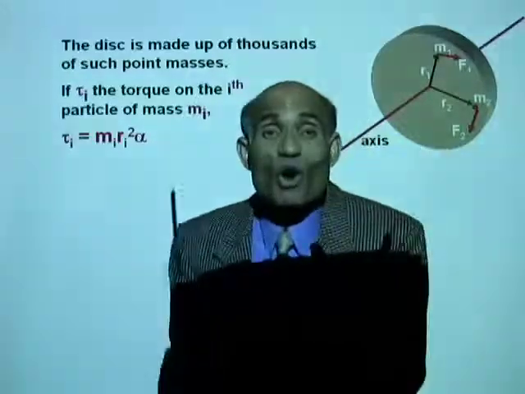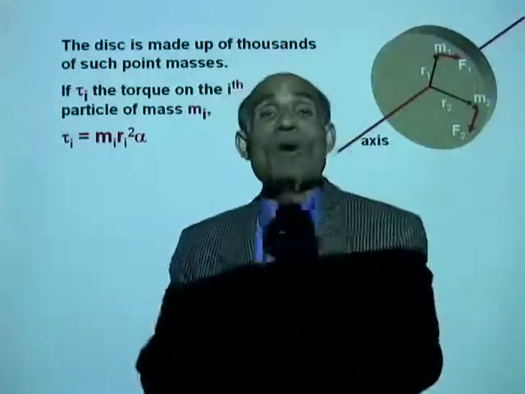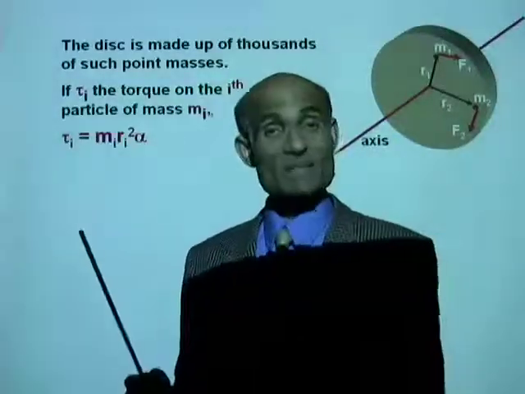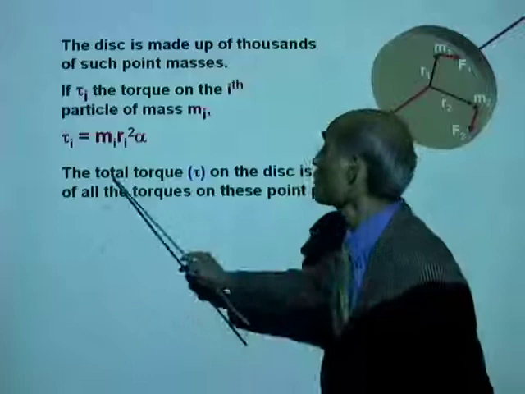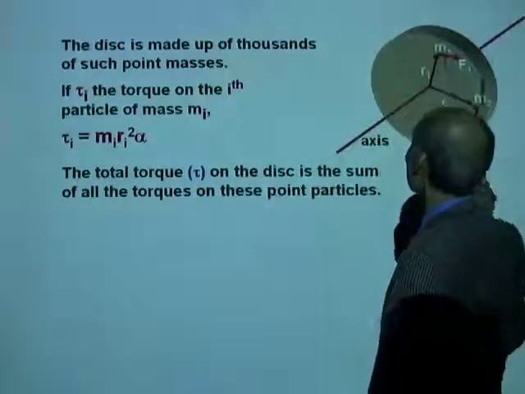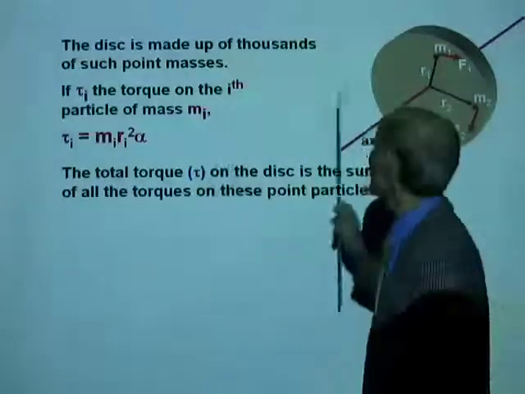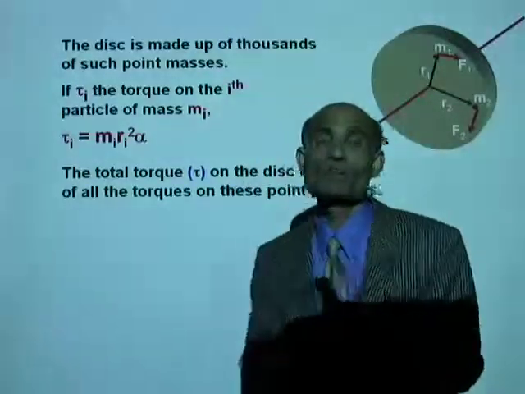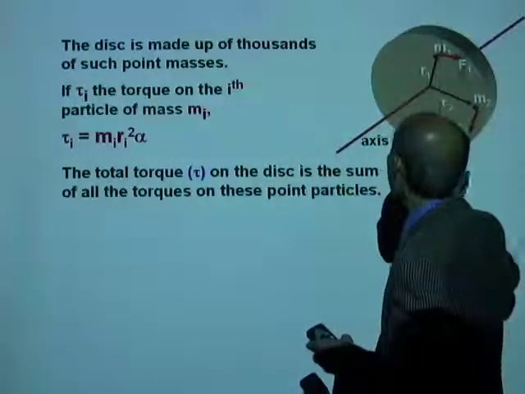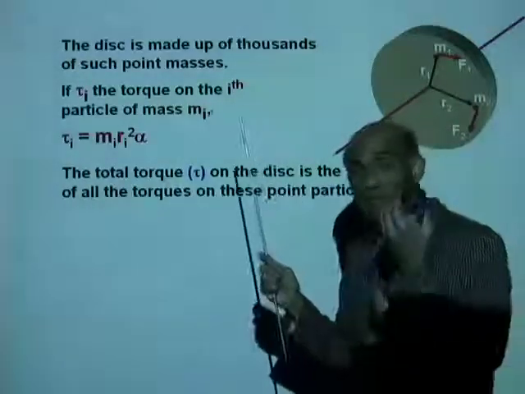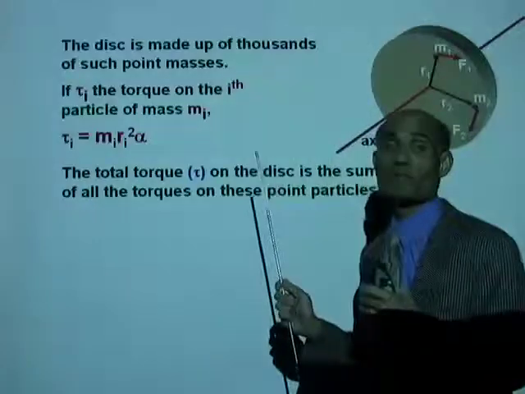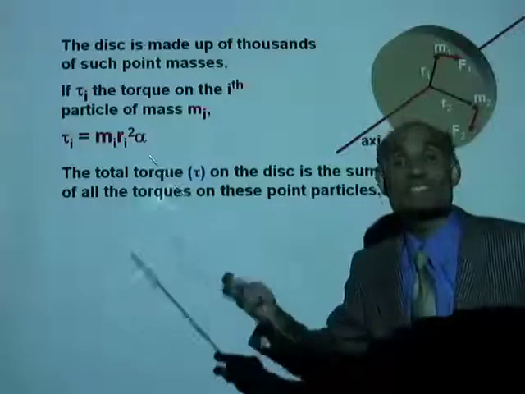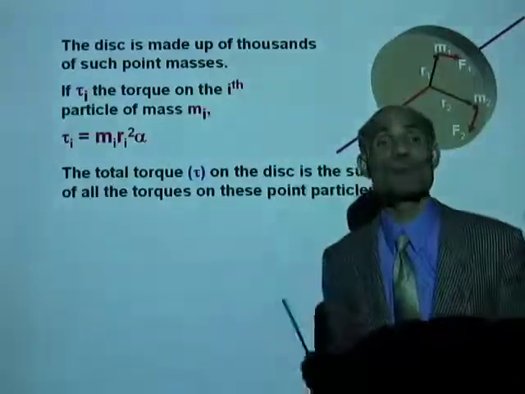The total torque, therefore, will be the sum of the torques of all these particles. Does that make sense? The total torque tau on the disk: we have now obtained the torques on each individual particle. If you know the torques of all the particles that compose the disk, then the total torque tau on that disk will be the sum of all these torques.